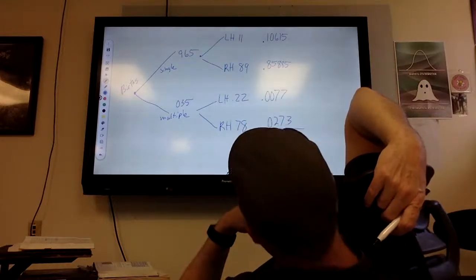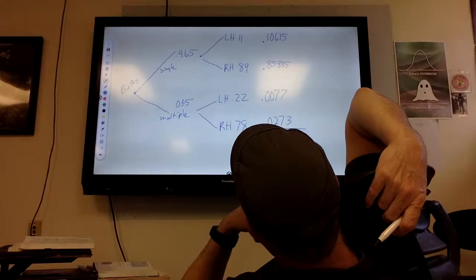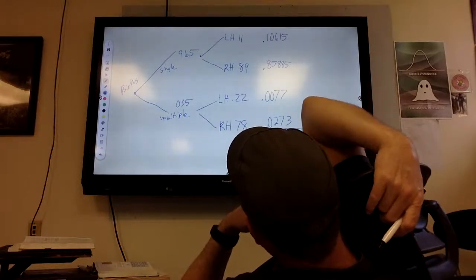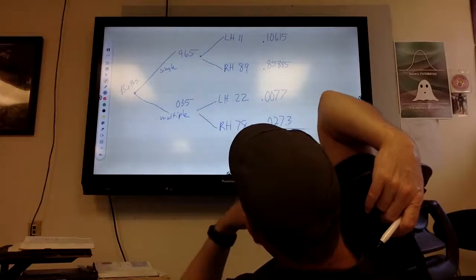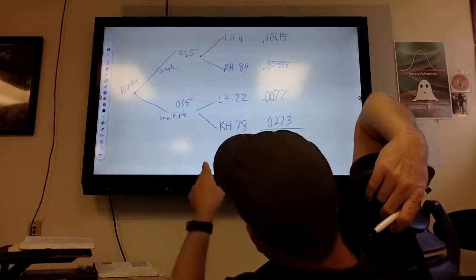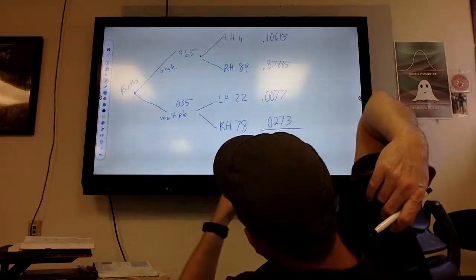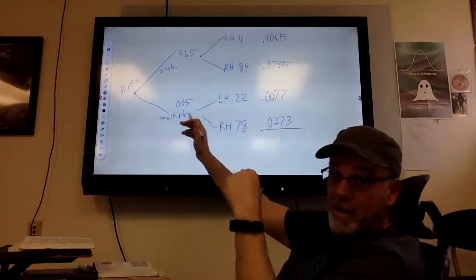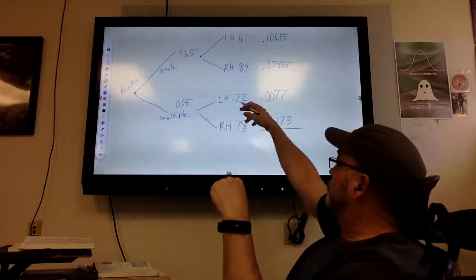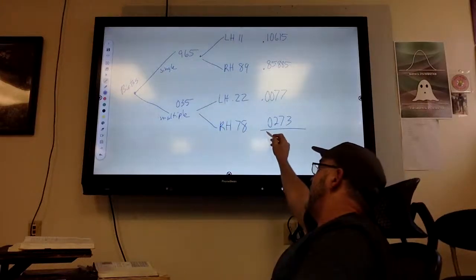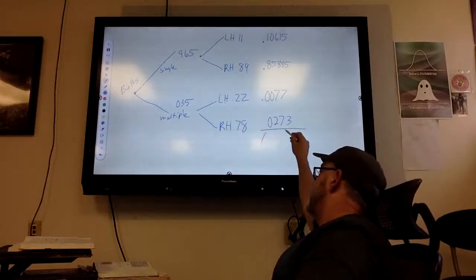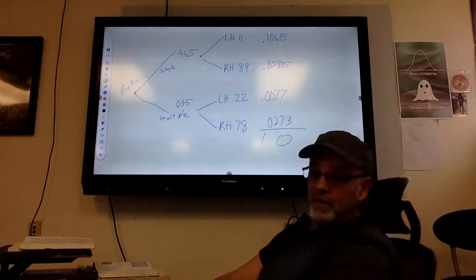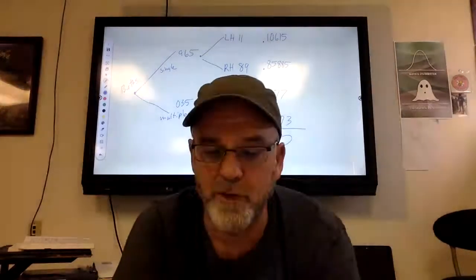Coming from a multiple birth and being left-handed, close to 1%. And then coming from multiple births and right-handed, almost 3%. Now you know how you got there: you multiplied the 2 together. If you added them up, which I did, you should get 1.0 or 100%.